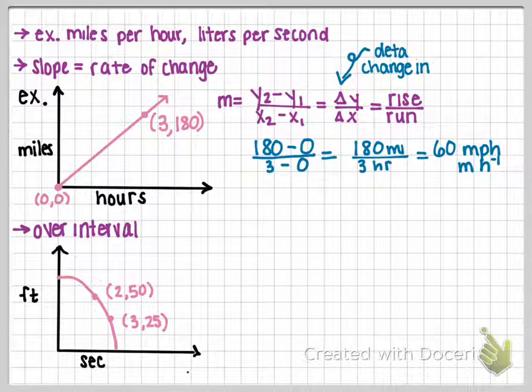So what we can do is we can find the slope of the line that passes between those 2 points. It's a really good guess for the slope of the line right at 2.5. Now, since this passes through 2 points in the curve, remember, that is my secant line.